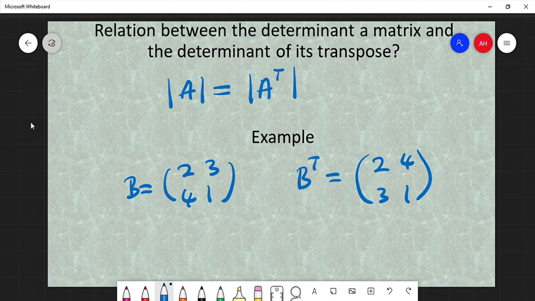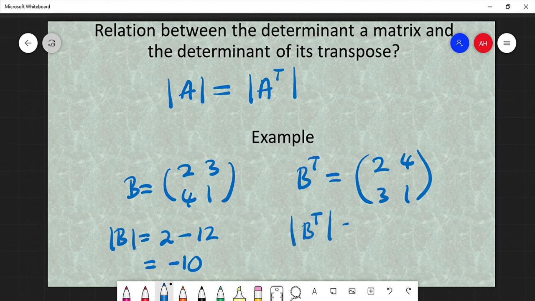Now let's find the determinant of matrix B. 2 times 1 is 2, minus 4 times 3 is 12, equal to minus 10. Now, what is the determinant of B transpose? 2 times 1 is 2, 3 times 4 is 12, and we have to subtract, so 2 minus 12 is negative 10.